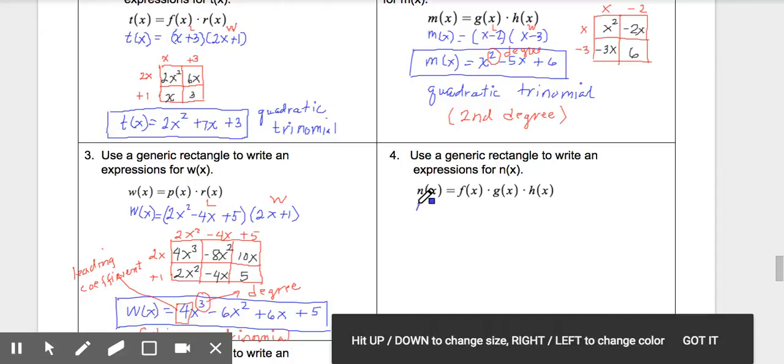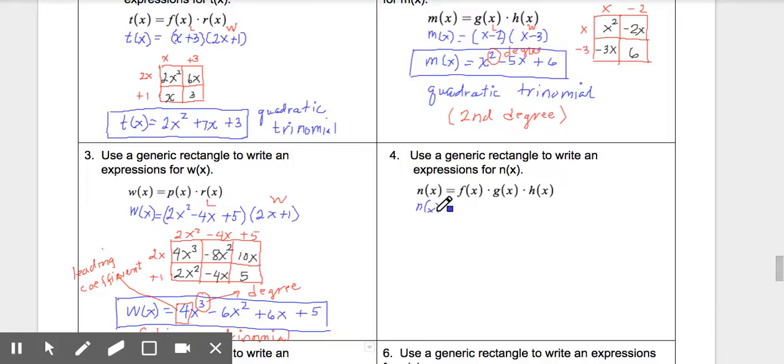So n of x equals f of x is x plus 3. G of x is x minus 2. And h of x is x minus 3.